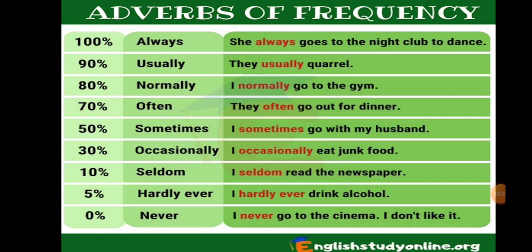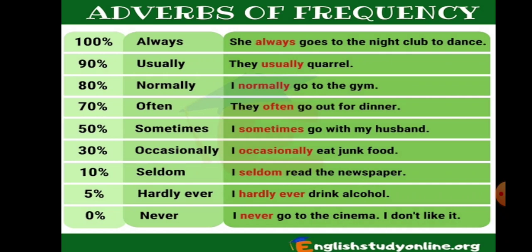As you can see in this chart, all these words like always, usually, normally, often, sometimes, occasionally, seldom, hardly ever, never are adverbs of frequency. And this chart is given in the decreasing order of their frequency.